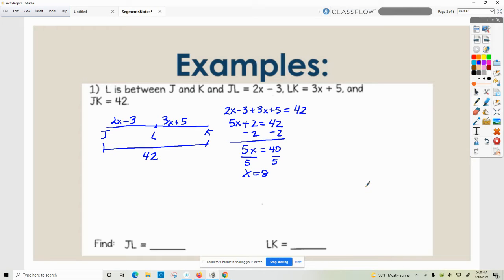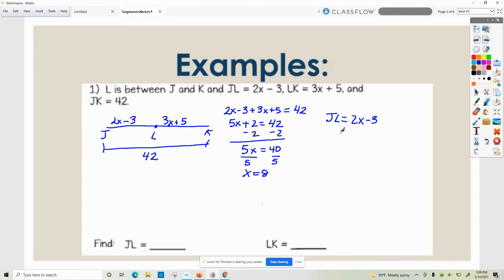Now, notice that if I look at the bottom, they're not just asking me for the value of x. They actually want me to find the length of J to L and L to K. So what I want to do is go to J to L, and that was equal to my 2x minus 3.